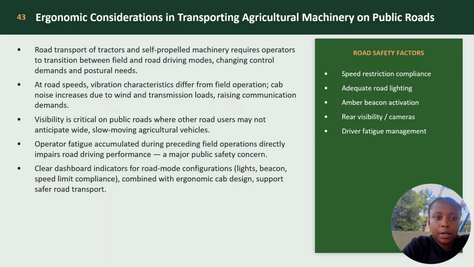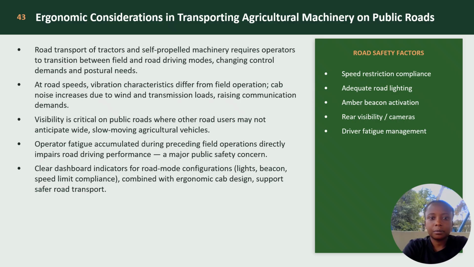The last topic is about ergonomic considerations in transporting agricultural machinery on public roads. Road transport of tractors and self-propelled machinery requires operators to transition between field and road driving modes, changing control demands and posture needs at road speed.